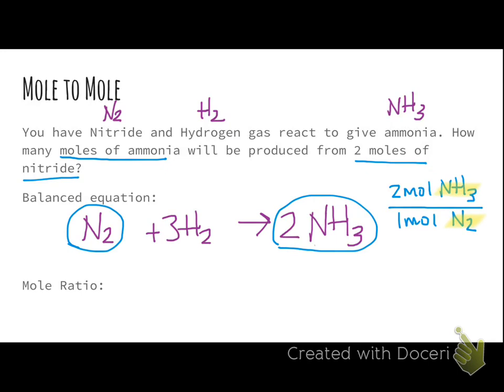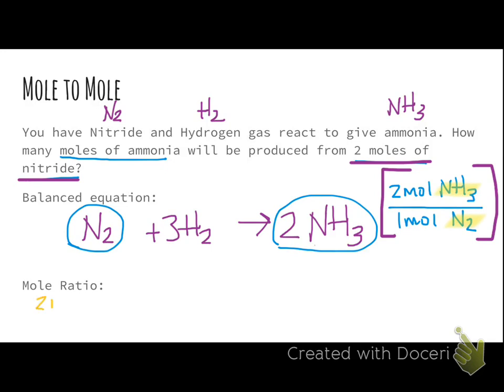It's going to become a habit that you're going to be thankful for in the future. So here's my mole ratio. I have to use this to determine how many moles of ammonia I will get from 2 moles of nitrogen. So this is just like a dimensional analysis problem where you start with what you have, what you know. I know I have 2 moles of nitrogen.